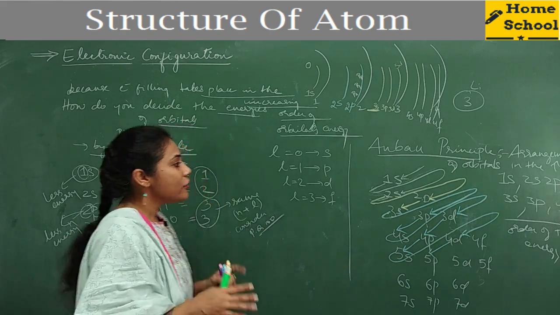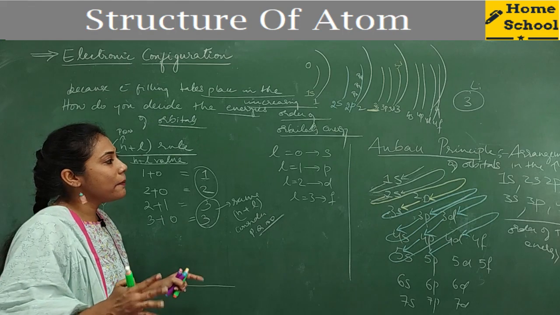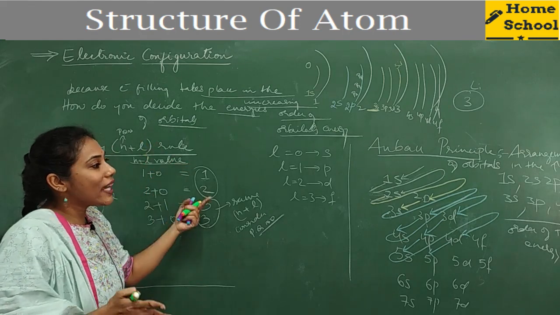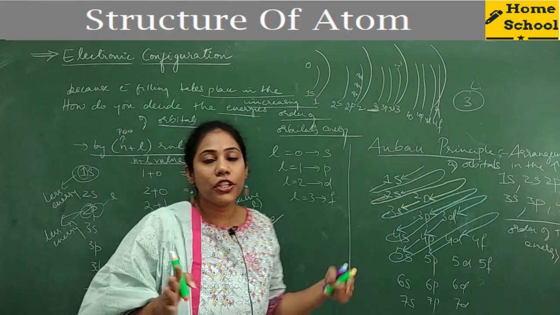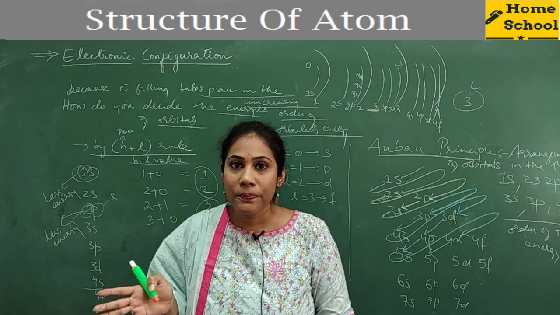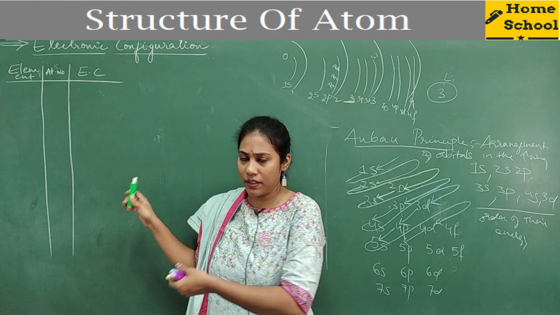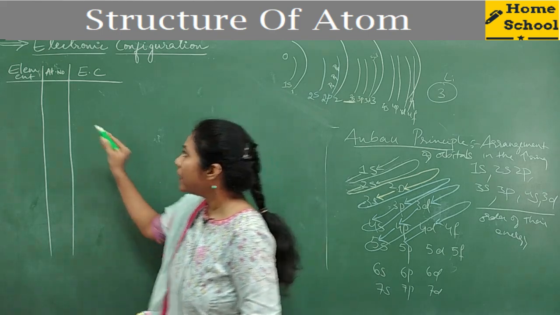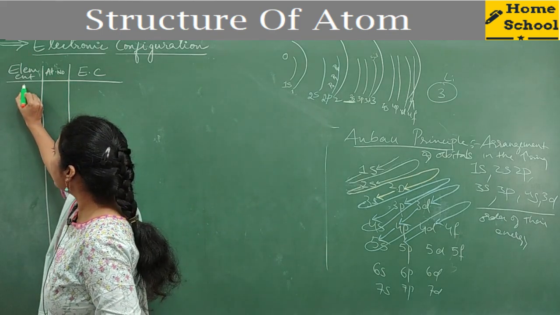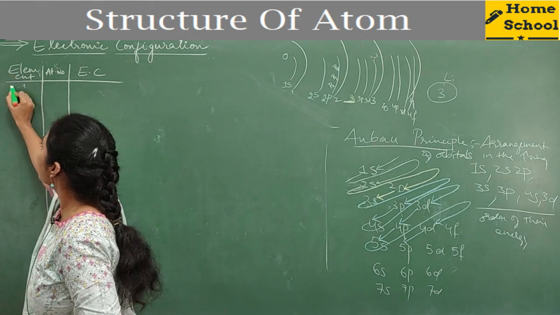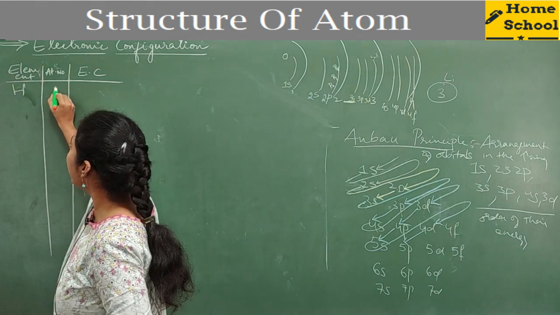Okay, fine. So now keeping this point in mind, let us try to write the electronic configuration of different elements. Clear? Let us try writing the electronic configuration for at least 20 elements. Coming to the first element, hydrogen, atomic number 1.